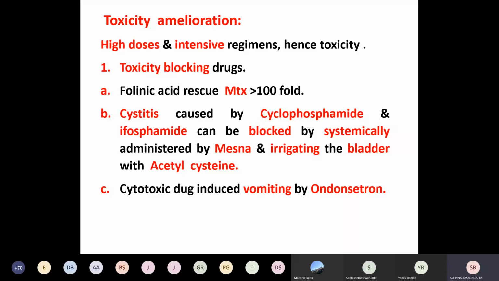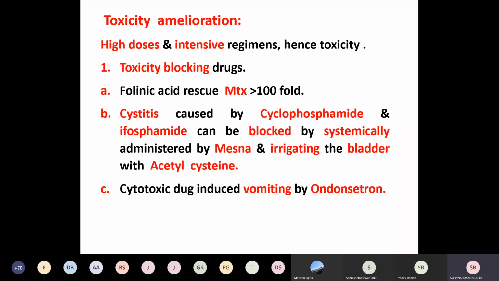It blocks it, and as a result there are toxic reactions. You can prevent that by giving folinic acid. It's called folinic acid rescue. You are rescuing the methotrexate toxicity. Even if you increase the dose of methotrexate to 100-fold, folinic acid will prevent the occurrence of toxicity.